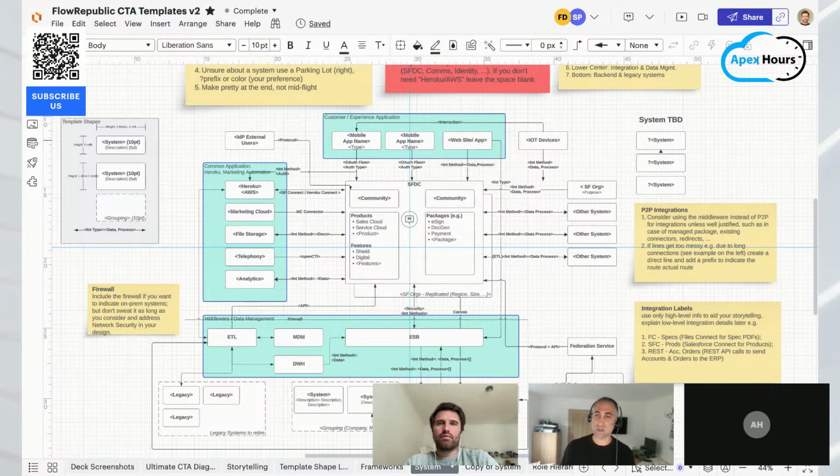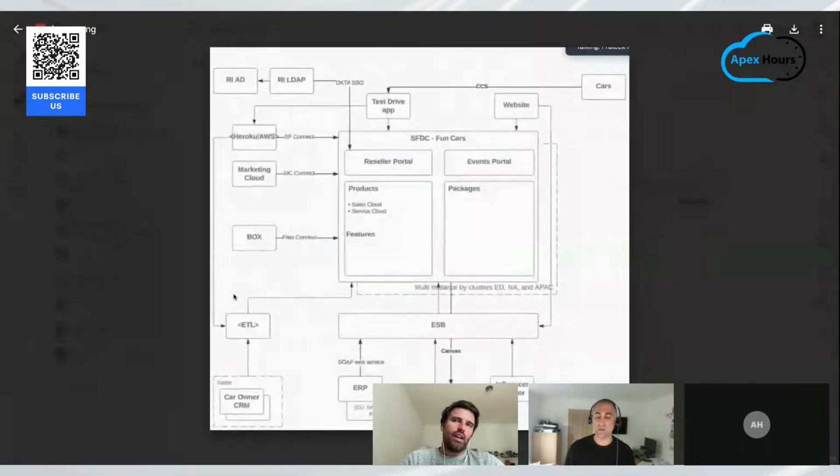Because then you're going to have lines crossing over all over the place. Use your own judgment, but this gives you an early mental picture of what your landscape might look like, so that when you're drawing it, it's very quick and easy for you to know, okay, I'm going to put these here, those there, and it just speeds up your cognitive load.